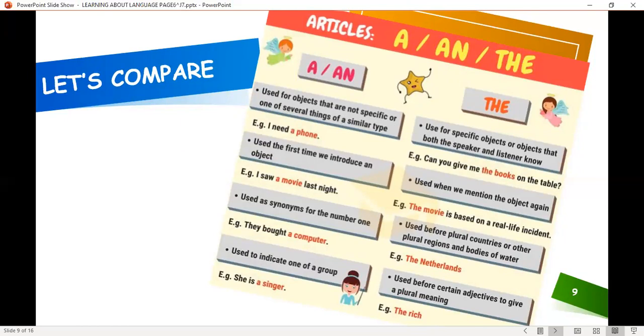Now, a phone is not something that is specific. There are a lot of phones we can have. While in the example under the is, can you give me the books on the table? Now here, both the speaker and the listener knows about the books.